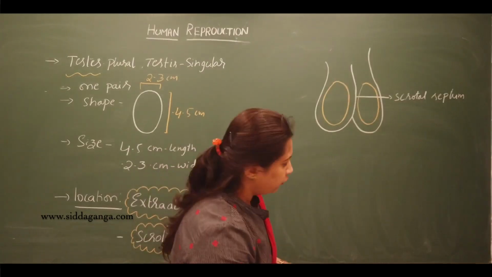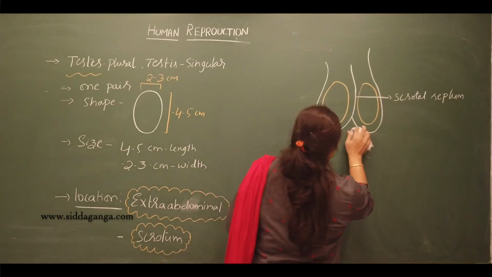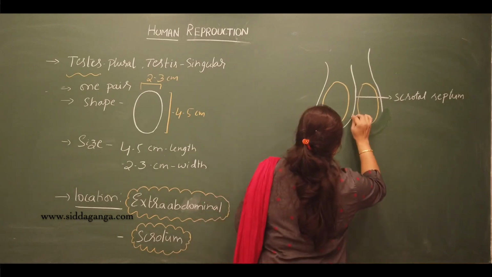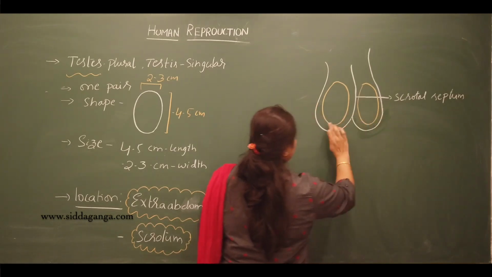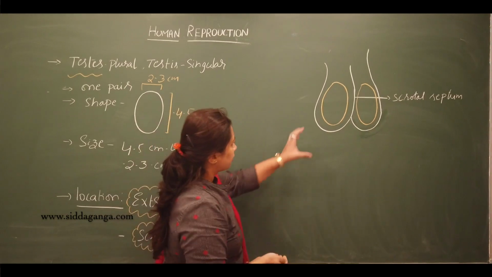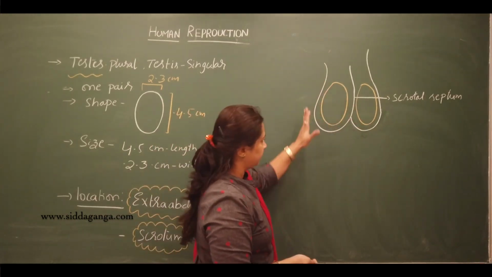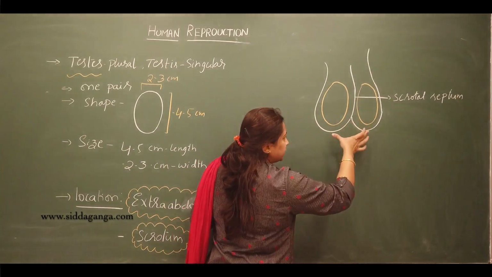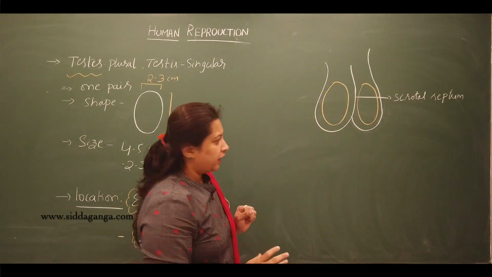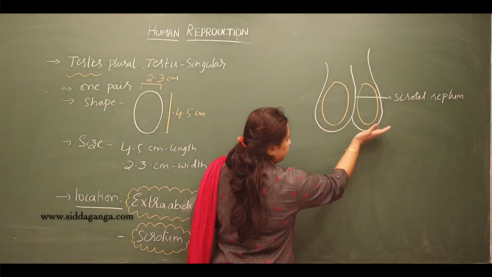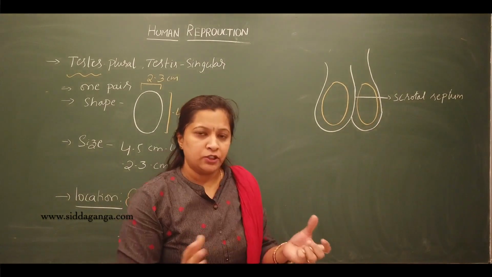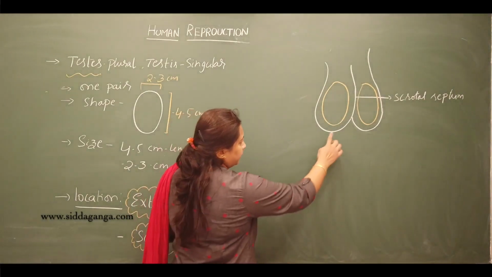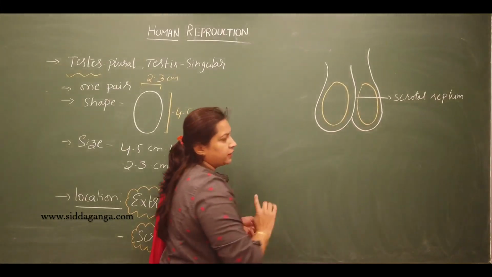Here you can see the position of the two testes. These two testes are not placed at the same height. There is a slight difference in position, so one is a little lower than the other. This is just to avoid crushing when both the legs come closer.